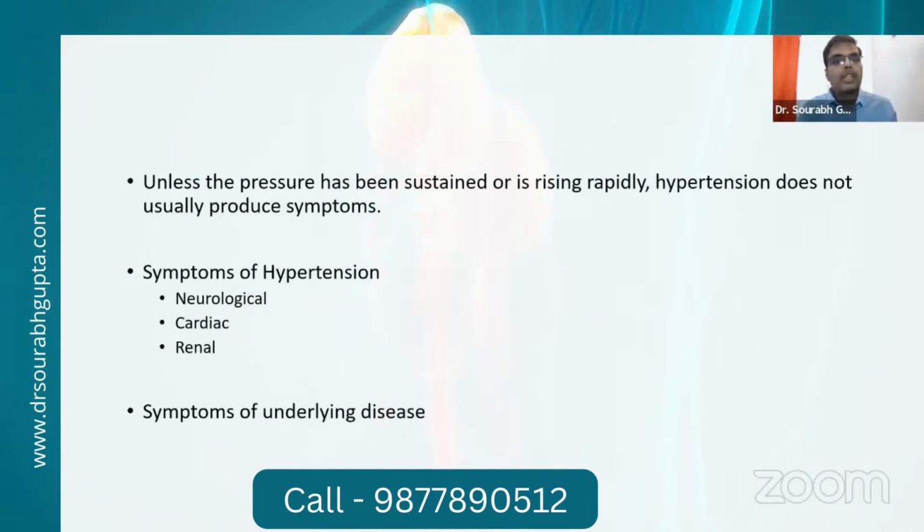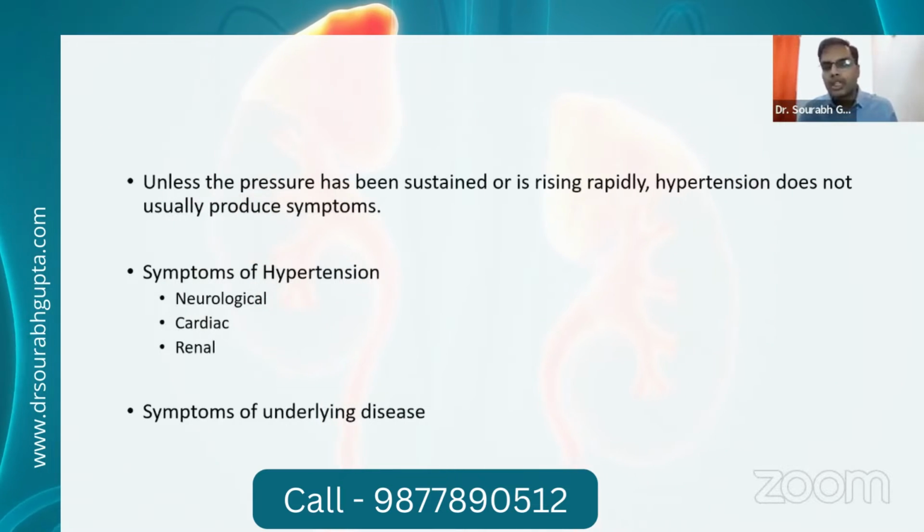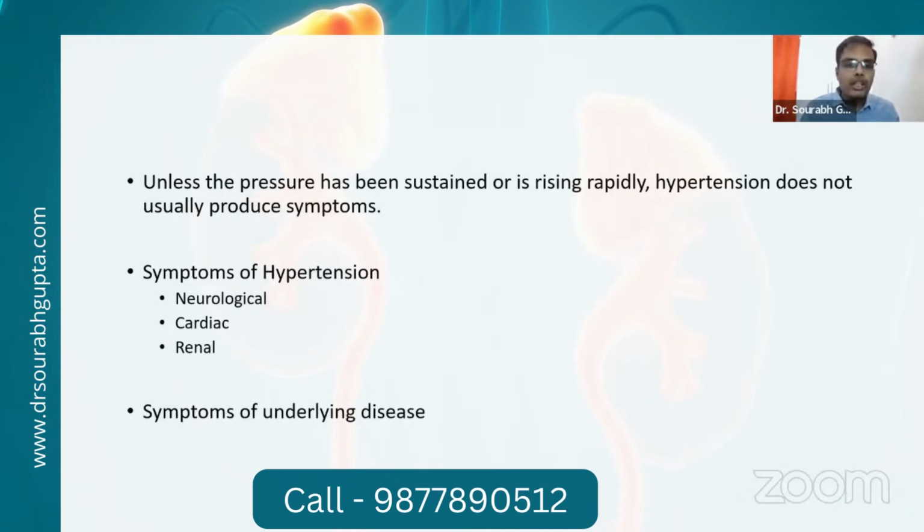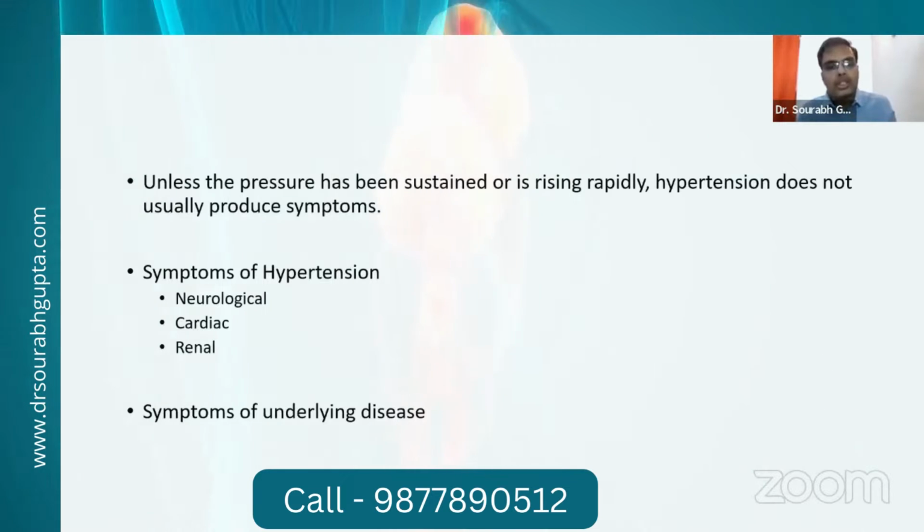Unless the pressures have been sustained or rapidly rising, it will not produce much symptoms. And here's the catch: patients will not have any symptoms, they will not come to you, and if not checked, they will just go on and have problems. Symptoms can be neurological, cardiac, renal, and symptoms of the underlying disease which is causing the hypertension.